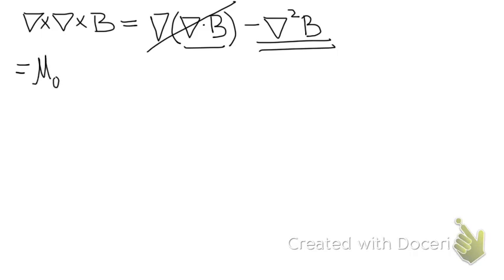This will then become mu naught. Now this thing I'm writing over here after the equal to sign is simply the curl of my B, right?